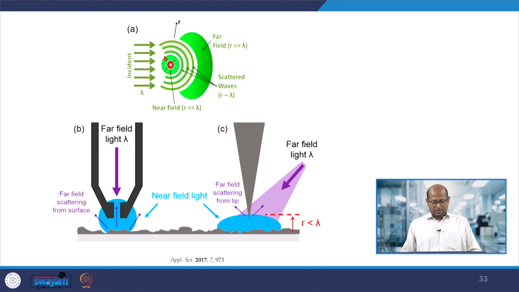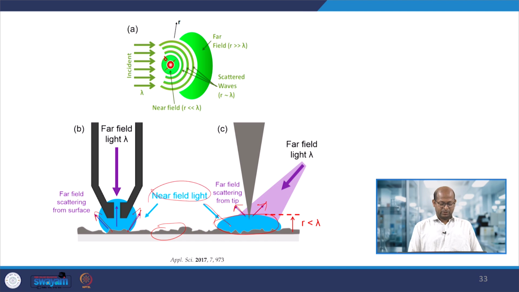Here you can see the near field light and the far field, which is scattered from the tip, and the black one is the surface of the sample. So scattering comes from both the surface and the tip. The far field is scattered from the surface, and the blue ones are the near field.